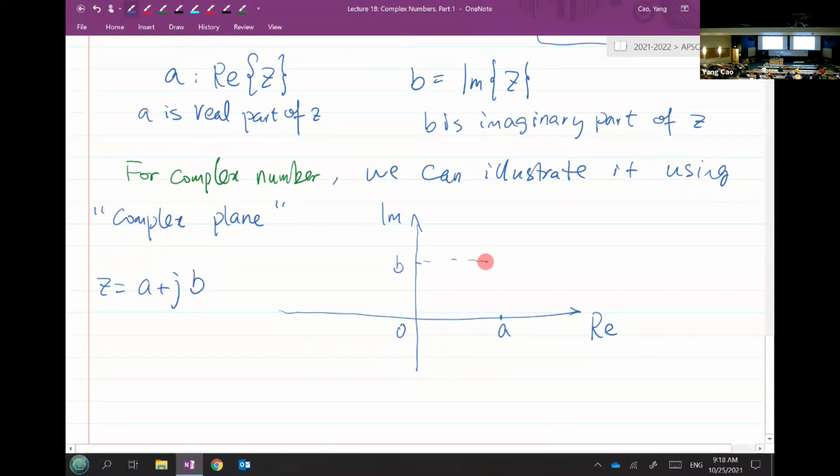Then you can create the location of this complex number, which is right here. And you can draw very much like a vector, but this time you don't draw an arrow line, you just draw a bar stick line here. And you can label this as A plus JB.